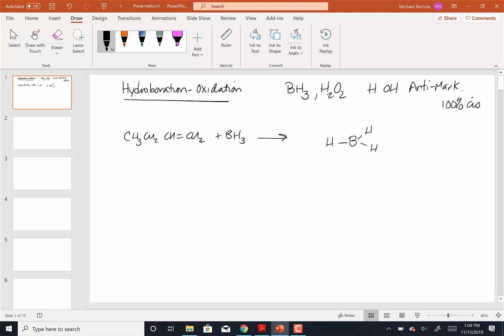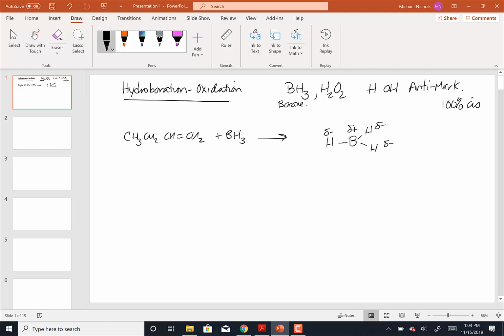Hydrogen is more electronegative than boron, so the hydrogens are going to be delta minus and the boron is going to be delta plus. We normally don't deal with delta minus hydrogens, but in this case, this is our first example. This is called borane, and then hydrogen peroxide.